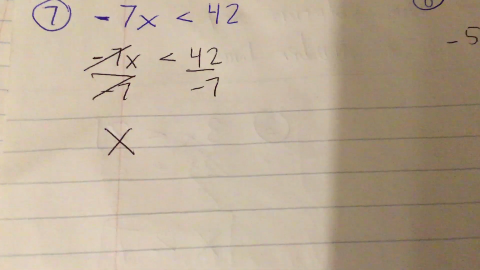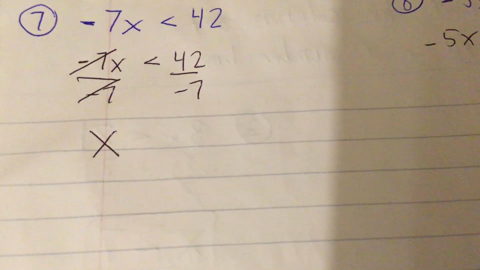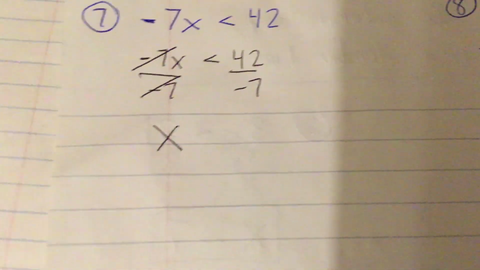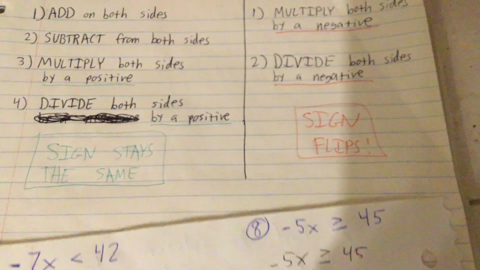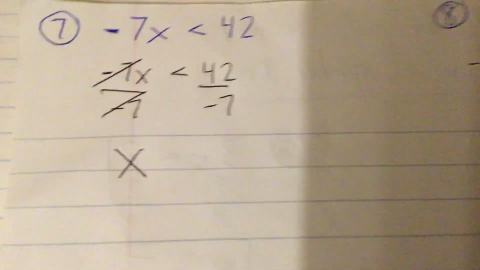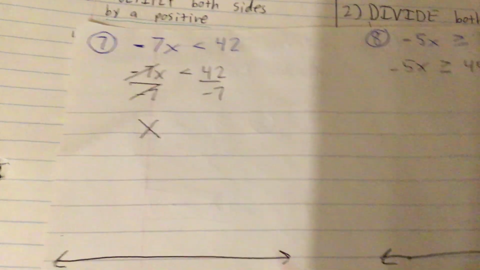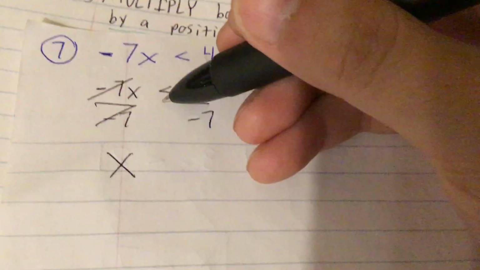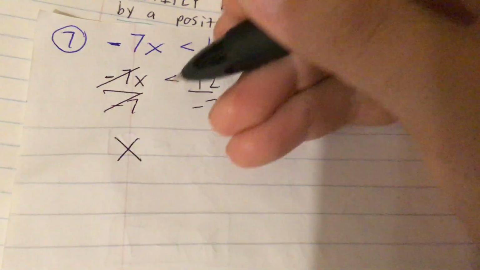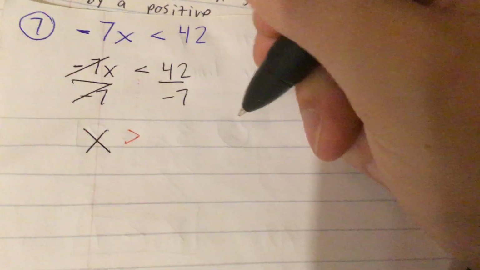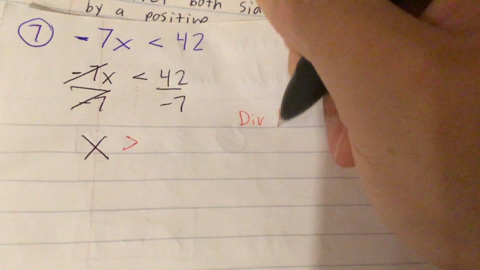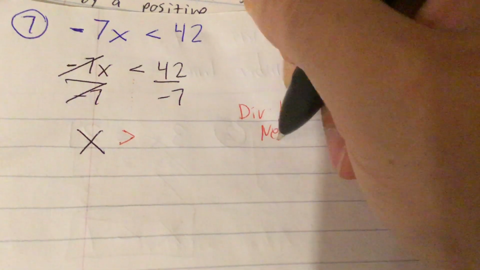Did I divide both sides by a positive or divide both sides by a negative? Well, I divided both sides of the inequality by a negative, so the sign is no longer true as it is. So the sign needs to flip. So therefore, I like to make a little note to myself and say, hey, the sign needs to flip because I divided by a negative.